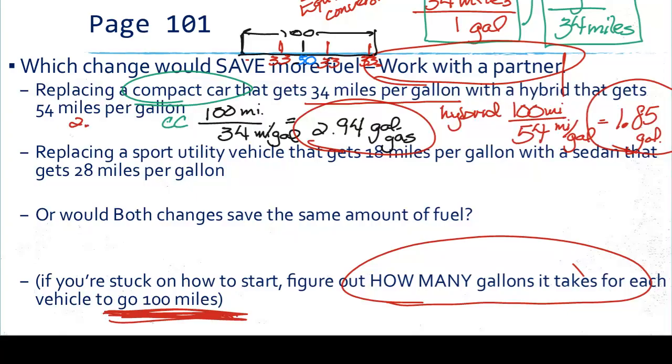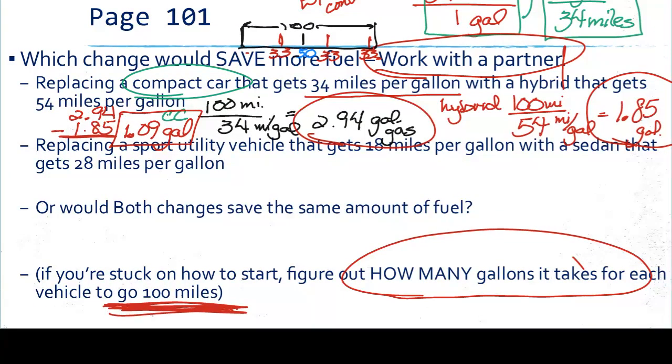Take 2.94, and you might want to write this down, minus 1.85. And how much better is it to use the hybrid? 1.09 gallons of gas. That's how much we saved in using the hybrid over our compact car. Okay? Hey, that's not bad. That's a whole gallon of gas, right?